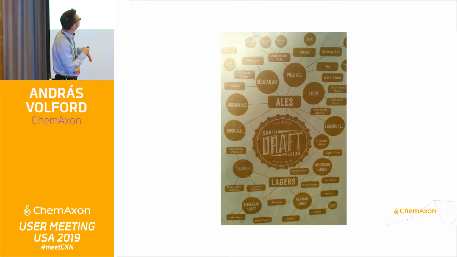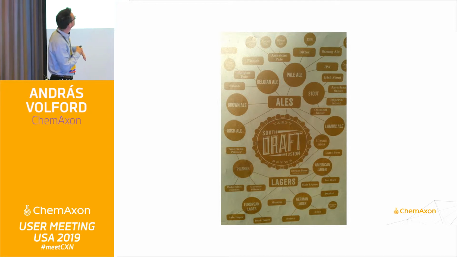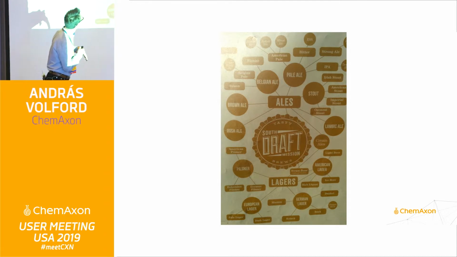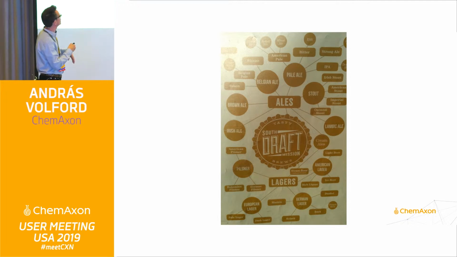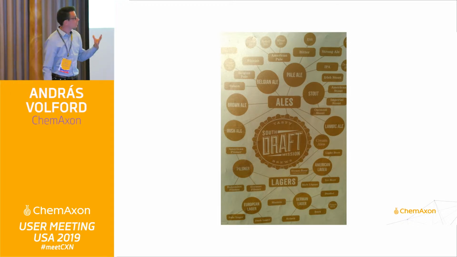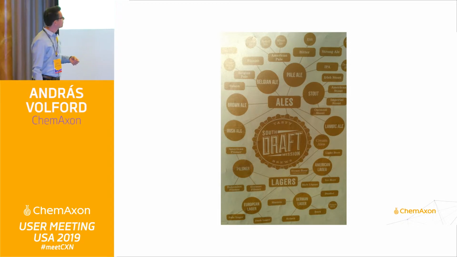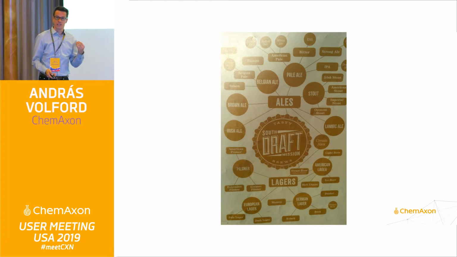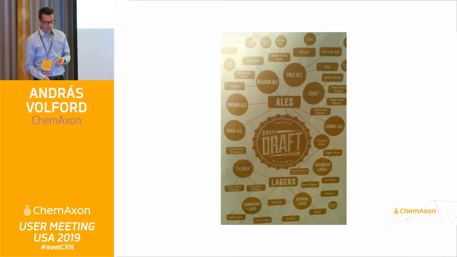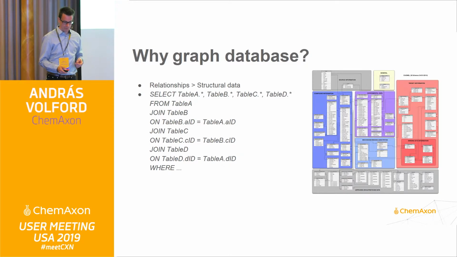Or if somebody is a fan of IPA, then he can go to, I don't know, this Stranting ale, which is again very similar to the thing that he already likes. So it's not just the database itself, but also the visualization, which is very useful.